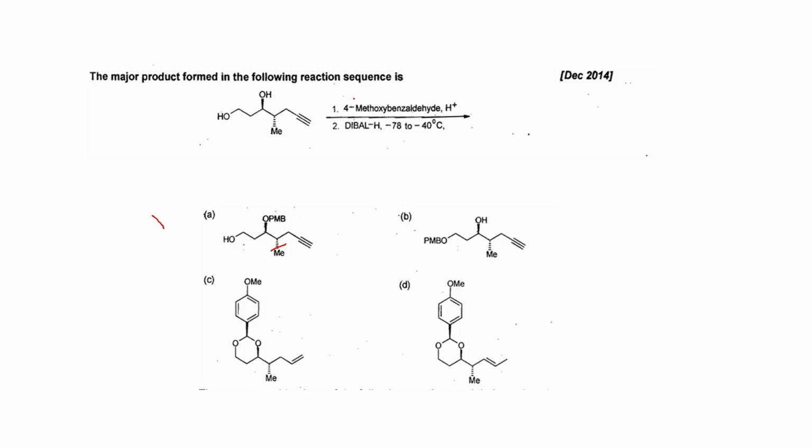So this 4-methoxybenzaldehyde acts as a good protecting group for dialcohol. So if we add this after the first step, it will just coordinate with both the alcohols.